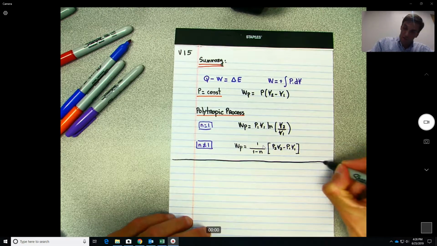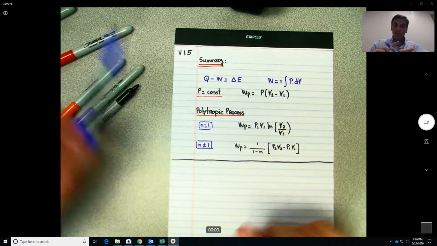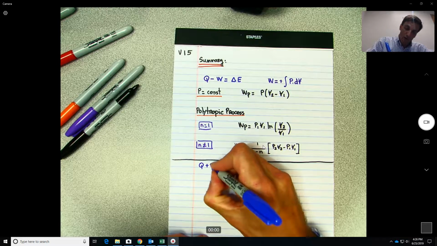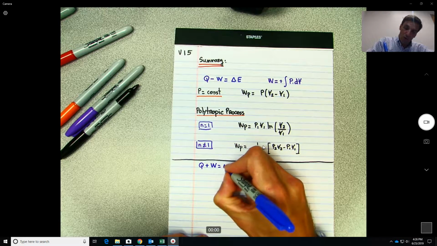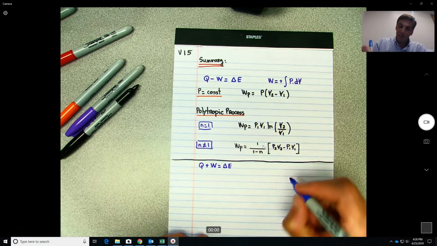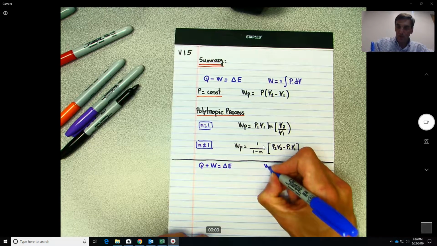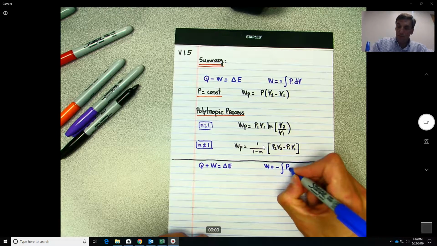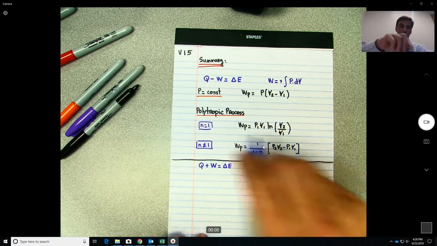So now, on the other hand, if the definition you are using is Q plus work equal to change in energy, in that case, the definition for the work is minus P dV.